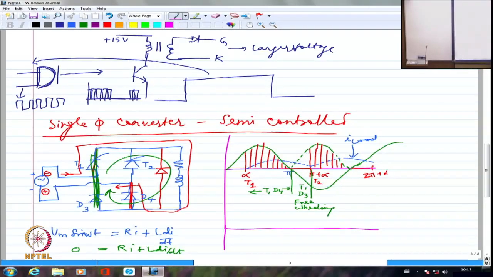Absolutely. See, most of the time what happens is we assume everything to be ideal devices and do the analysis completely. And 20 milliseconds is vast, like one yug, compared to the kind of microsecond durations that are involved in turning on and turning off. So if you say that D3 is jumping into conduction, even that will take some time. By then D4 would have recovered.